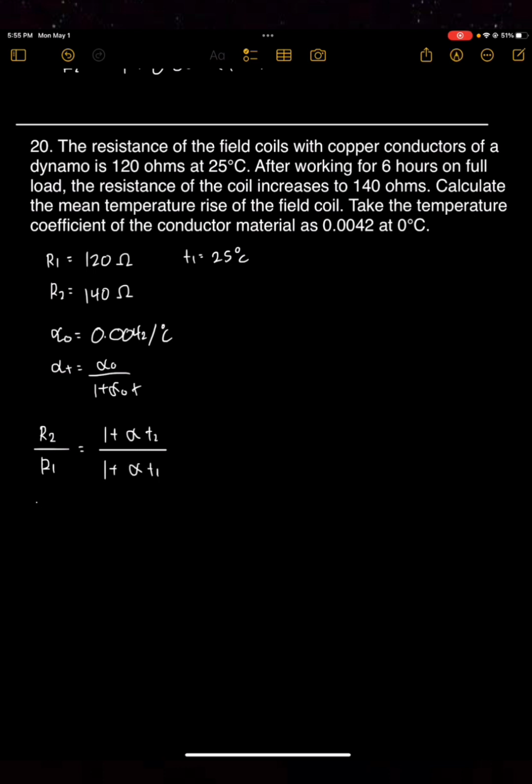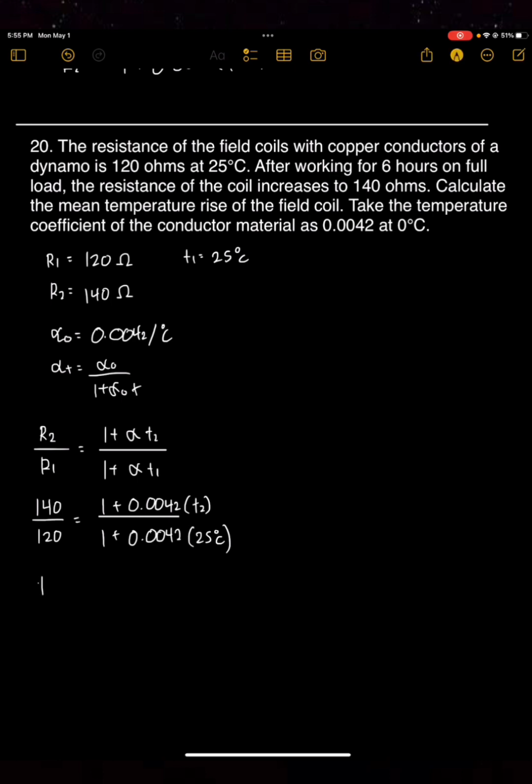Now, substitute all the givens. So, R2 is 140 ohms and R1 is 120 ohms. So, 1 plus the given 0.0042 times the temperature 2, which is missing, and 1 plus 0.0042 times 25 degrees Celsius.